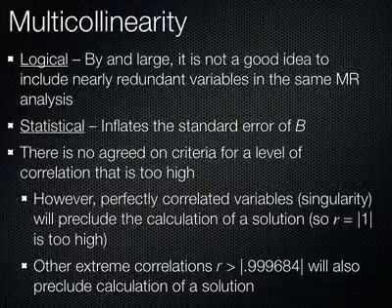If they're highly correlated, even if you're calling them different names, they are nearly redundant measures of one another. Logically, it doesn't make sense to include two measures of the same thing in an analysis, even if you're calling them two different things.